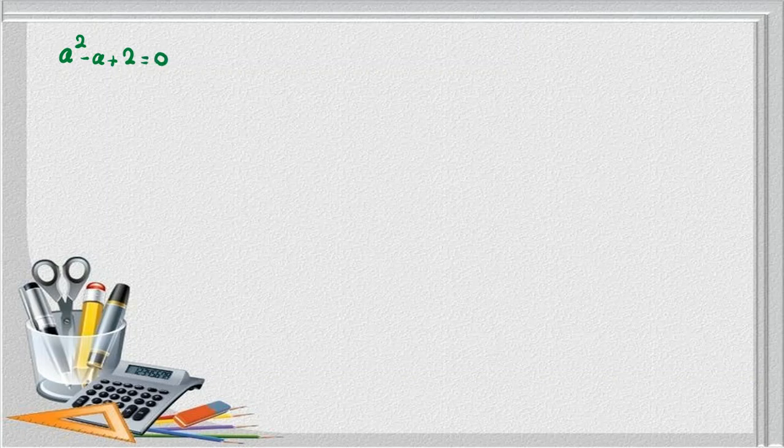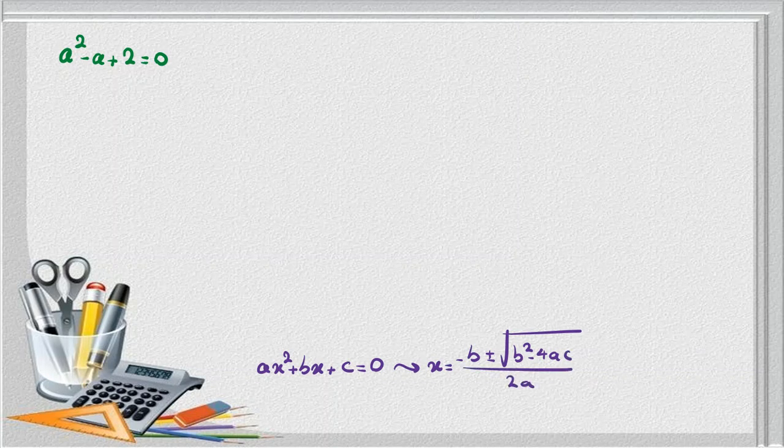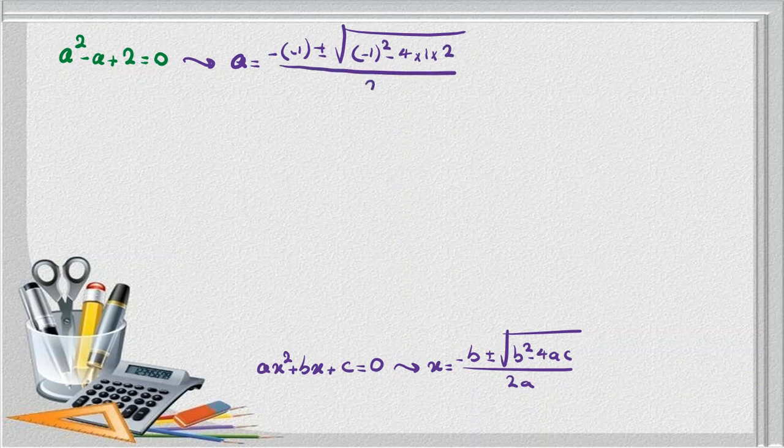Okay, for finding this, we should use the quadratic formula. If ax squared plus bx plus c equal to 0, then x equals negative b plus or minus square root of b squared minus 4ac, all over 2a. Here is a quadratic equation in terms of A. So in this case, A equals negative (negative 1) plus or minus square root of (negative 1) squared minus 4 times 1 times 2, all over 2.